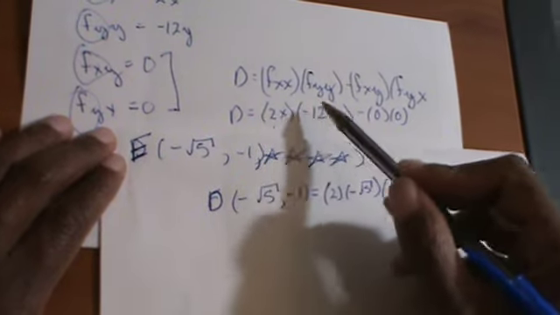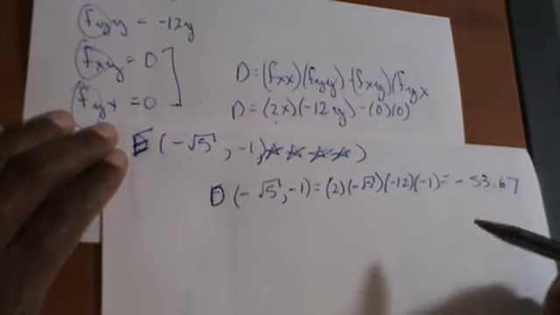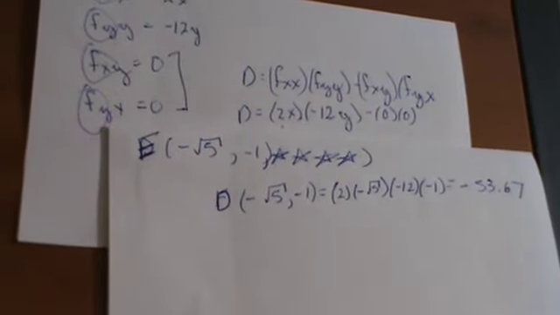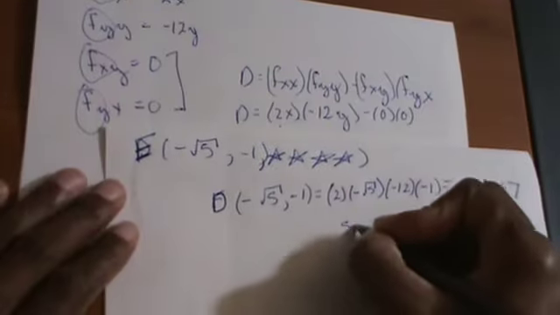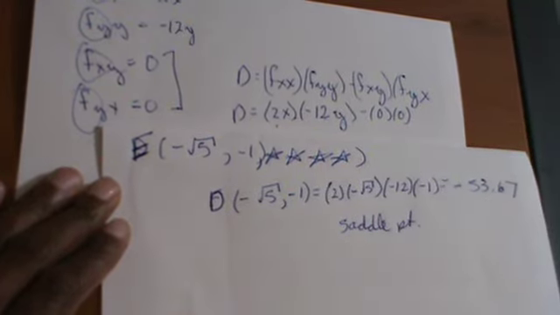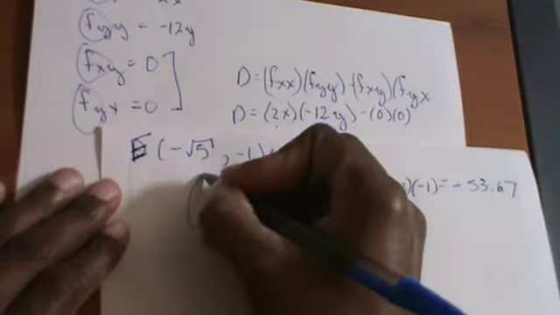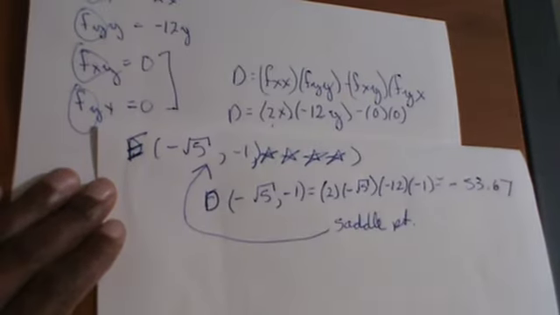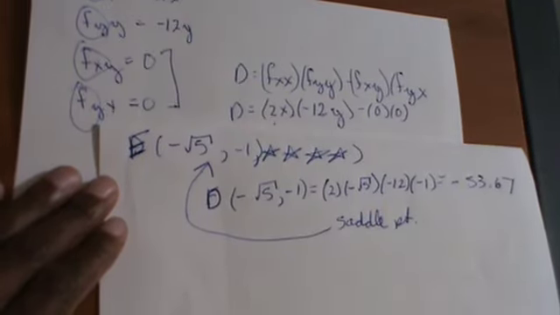Positive, negative, negative, negative. Okay, so if you'll notice, that puts me in a situation where D's negative again. So I should be looking at a saddle point. Right here. Like that, and you're done.